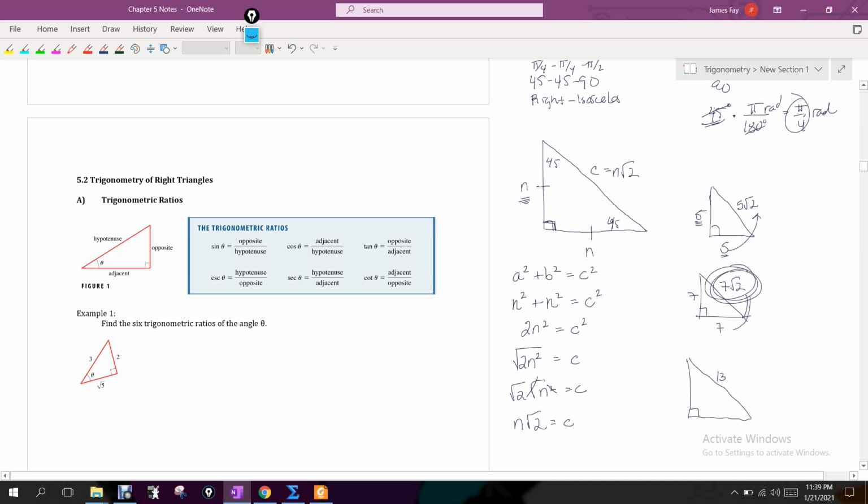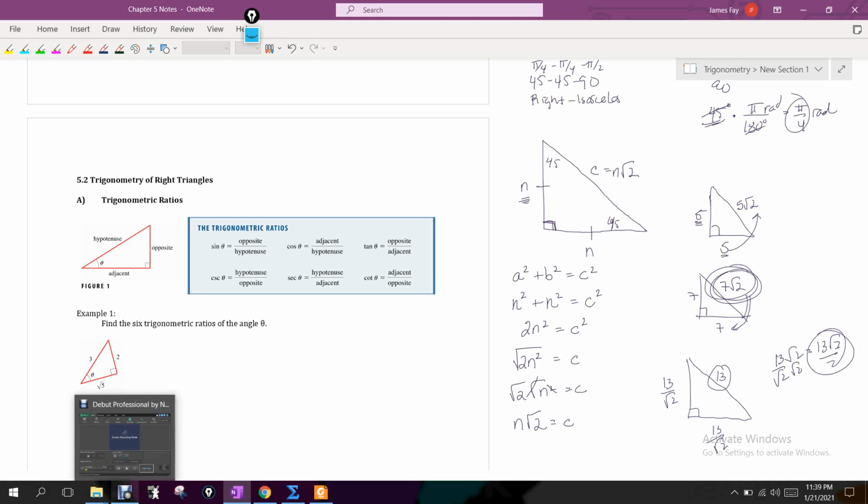So undoing multiplication will divide by radical 2. Same thing happens here. I'll divide by radical 2 to get the leg. So it'll be 13 over root 2. Now we don't like the roots there, so we'll rationalize it. It gives us 13 root 2 over 2. And that would be the length of a leg.